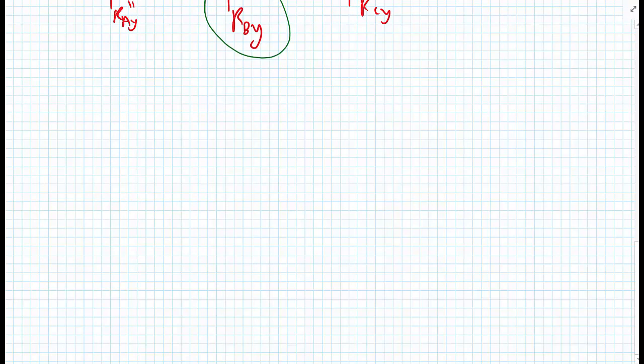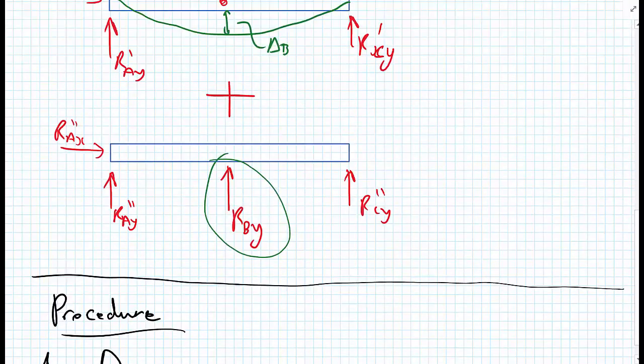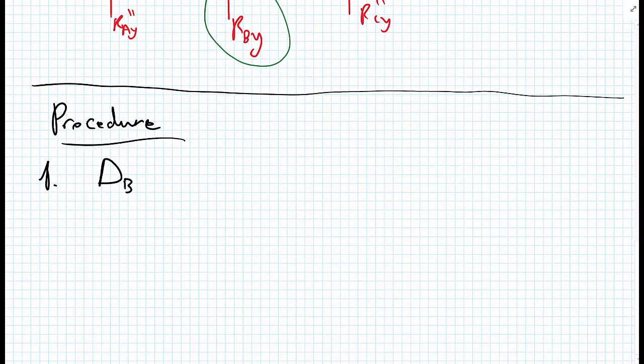So we're going to work through the procedure for calculating the structure. We're not going to actually write any bending moment equations, but we will show the procedure that we would use. So with our primary structure, we want to calculate the deflection delta B that would happen due to the force P. So let's draw that.